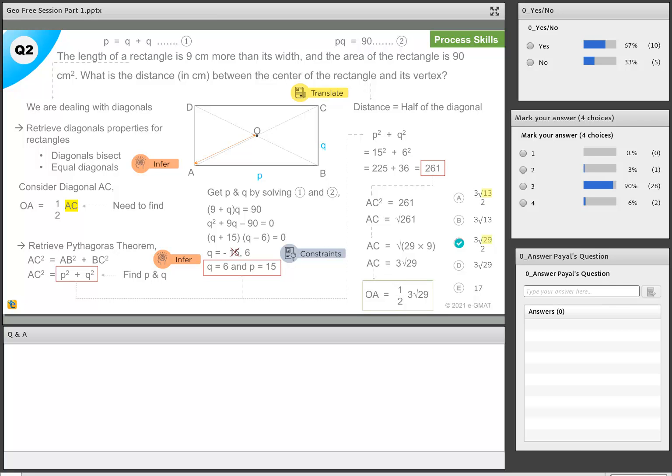Now tell me, what have you learned from this question? What learnings are you going to take forward to the DS question that corresponds to this one? What learnings will you take forward? Or what learnings have you had from this question?